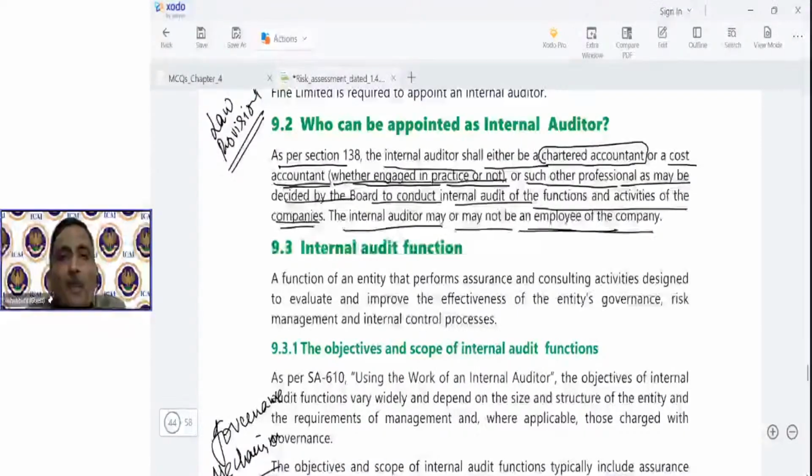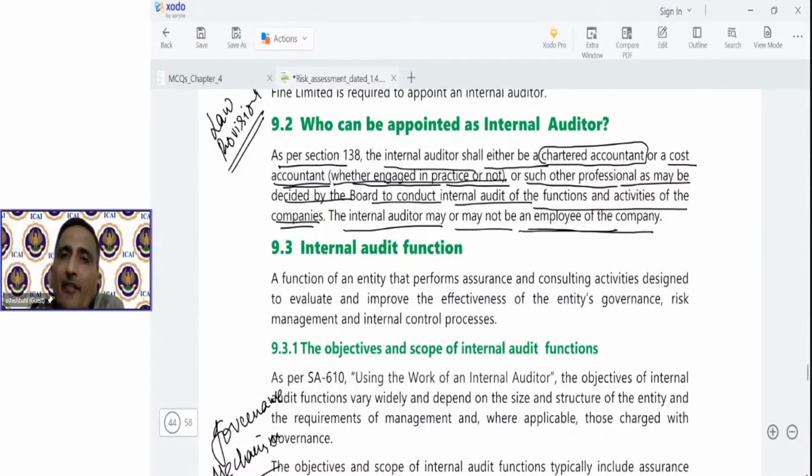You would be in the industry. So an internal auditor can be an employee of a company. He can be a CA employee of the company, or it may be that the services of an internal auditor of an external firm are hired by the company.